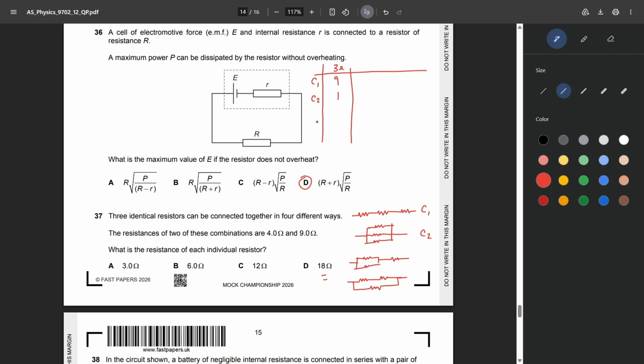For combination 3, where we have 2 resistors in parallel with 1 in series, we get half of 3 here plus 3 connected in series. Half of 3 comes from the parallel network of 2 resistors. If 2 identical resistors are connected in parallel, the equivalent resistance of that parallel network is half of the individual resistance. So half of 3 plus 3 is 4.5.